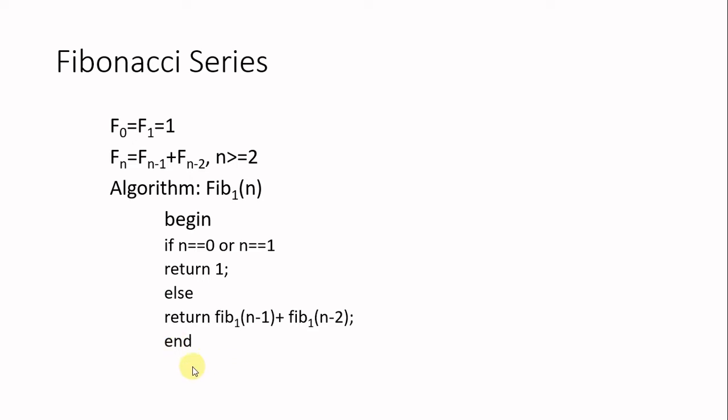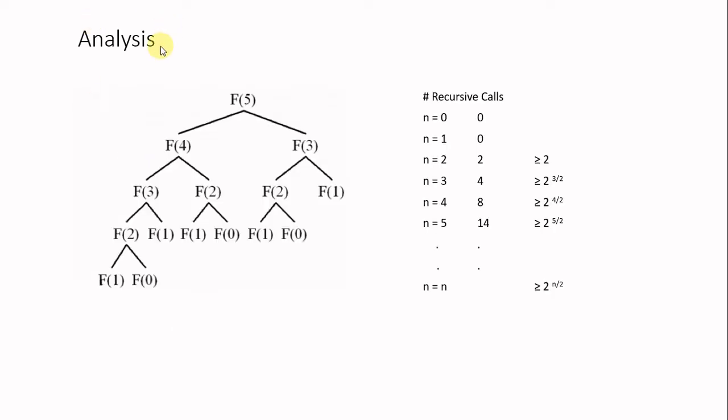That is the basic step. And what is the problem with this kind of algorithm? If you write a divide and conquer algorithm or a recursive algorithm for this Fibonacci series computation, then what are the basic problems? So let's perform an analysis on this algorithm. Let's call f5, that is fib1 of 5. When you call f5, since n is not 0 or 1, it will have two recursive calls on n minus 1 and n minus 2.